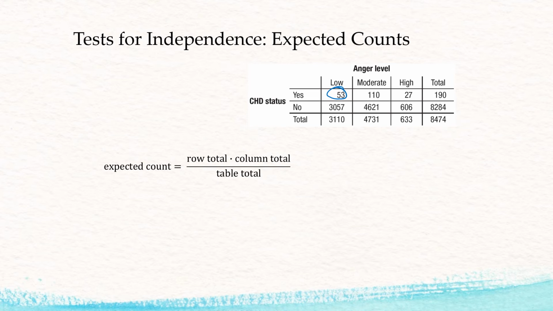I'll color coordinate them so you can see the difference. All right, so for the blue, it's this times this divided by this. For the purple, it's this times this divided by this.